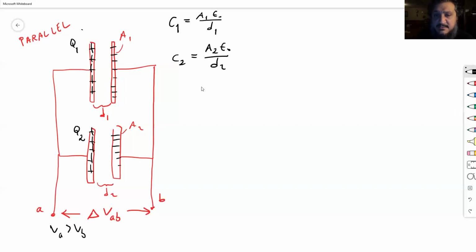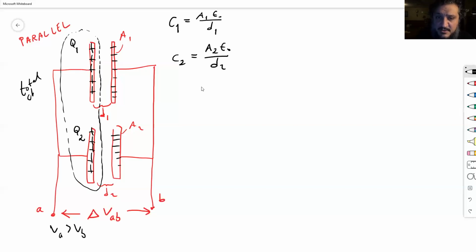But I can always add these up. There's a physical connection between the two plates. Electrons are free to move from this one to that one, and once they reach equilibrium, they stop moving. So what do I have here? These two are connected. I have a total charge, call it Q, or Q total, equal to Q1 plus Q2.